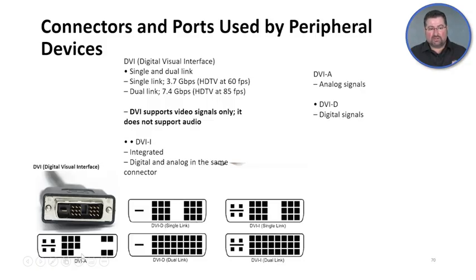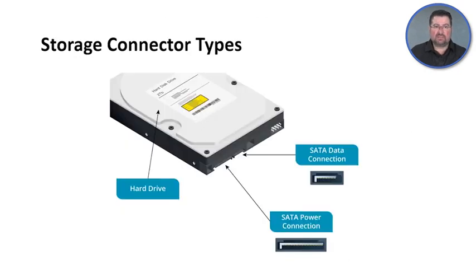So you're going to have to be able to know DVI-A analog. D, look at the bottom one here, is the most common. That's for digital only. And then DVI-I, which allows for analog and digital. Good job. You have just covered your DVI standards for the test.